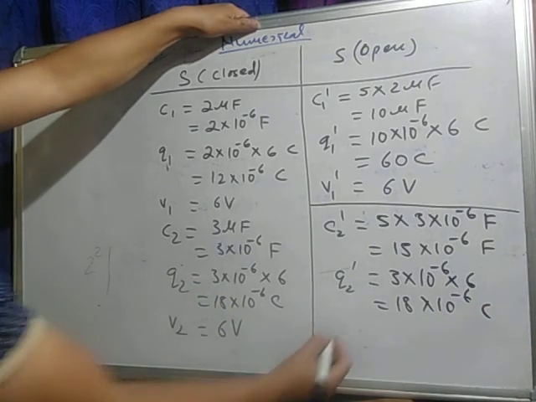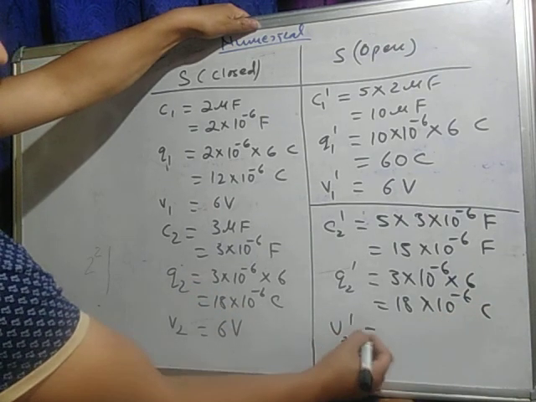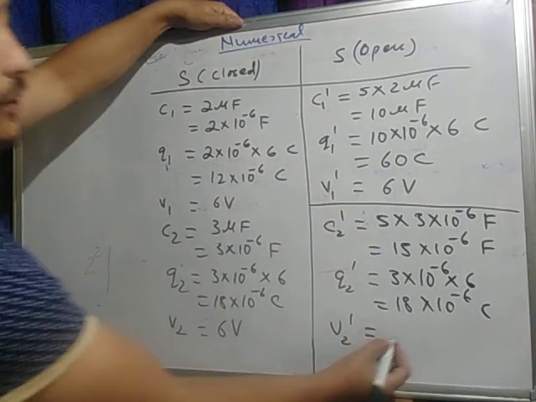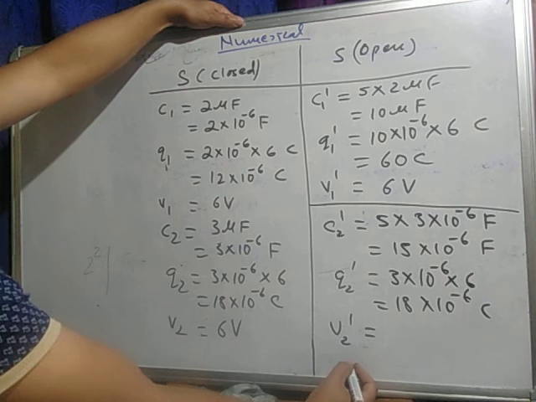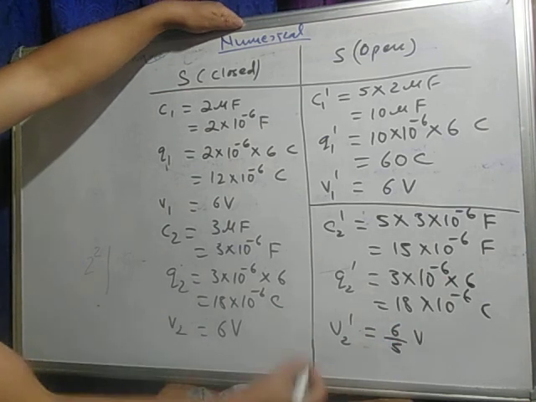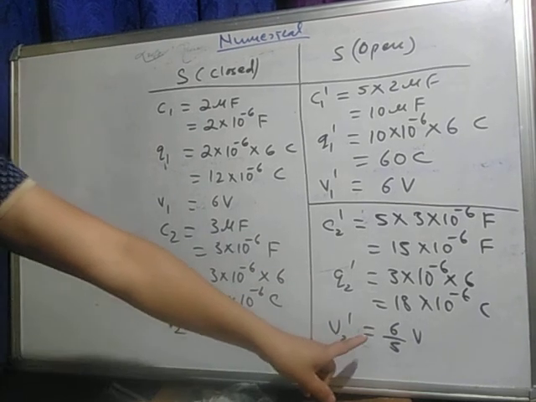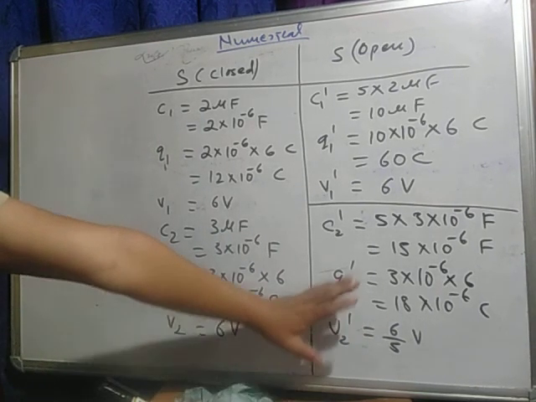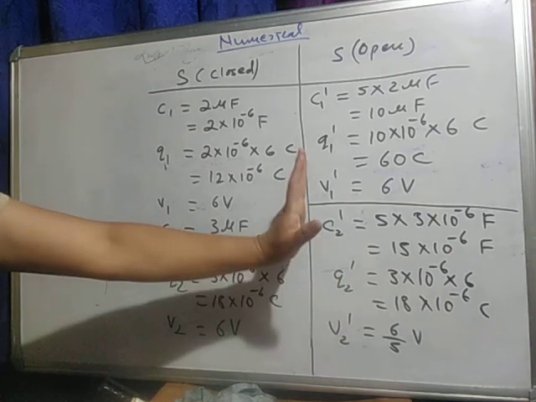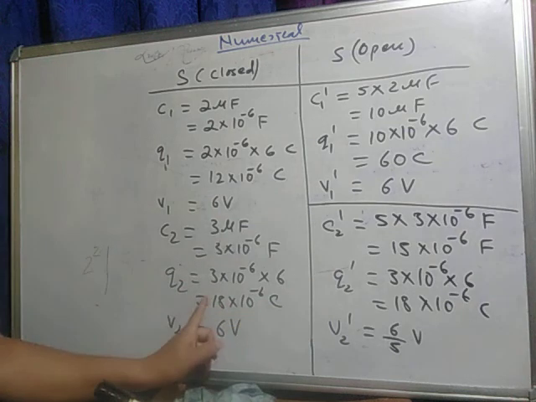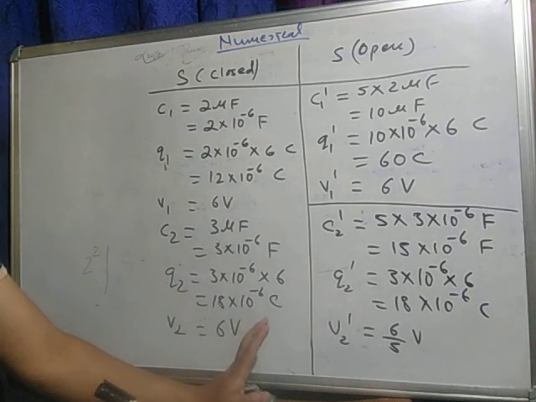Now V2 dash: divide, so 18 by 15 gives 6 by 5 volt. So V is reduced, isn't it? The charge remains the same, 18 coulomb as before, but V is reduced.